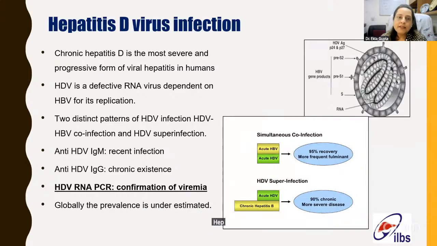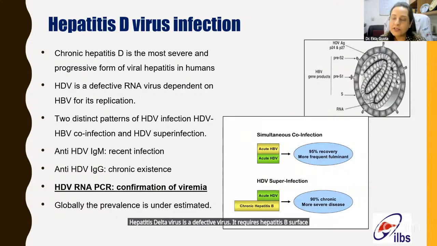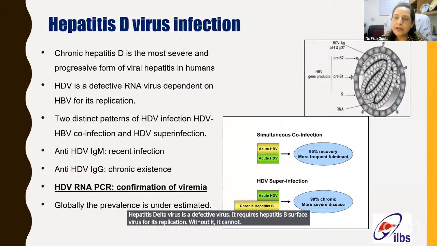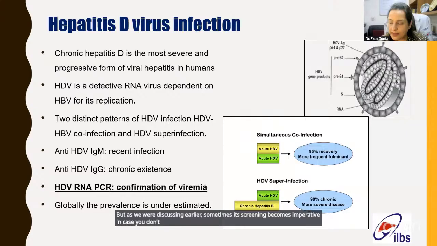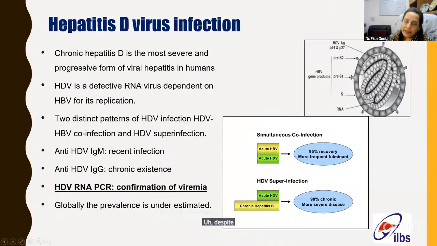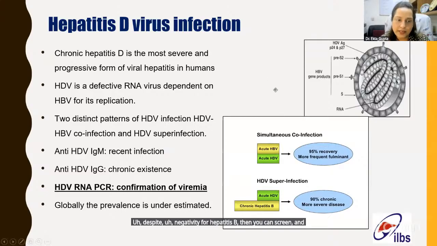Hepatitis delta virus is a defective virus. It requires hepatitis B surface antigen for its replication. Without it, it cannot replicate. But as we were discussing earlier, sometimes screening becomes imperative in case you cannot explain unexplained jaundice or unexplained liver damage despite negativity for hepatitis B, then you can screen, as there may be low level of HBsAg.